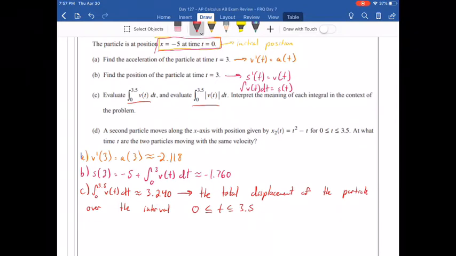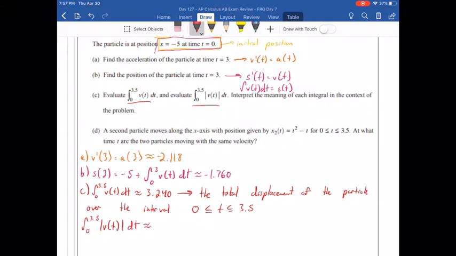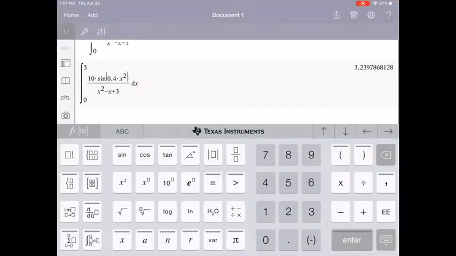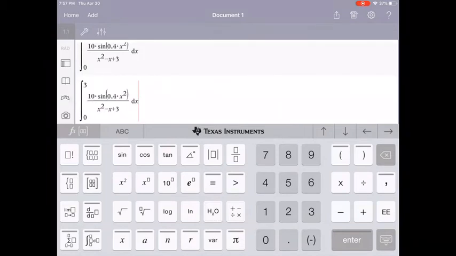Now with the absolute value bars, we get the integral from 0 to 3.5. This is something we've talked about before. We've done a free response question dealing with absolute value bars. So let's get back here. I should be able to copy this, paste this, but I want that absolute value bar.